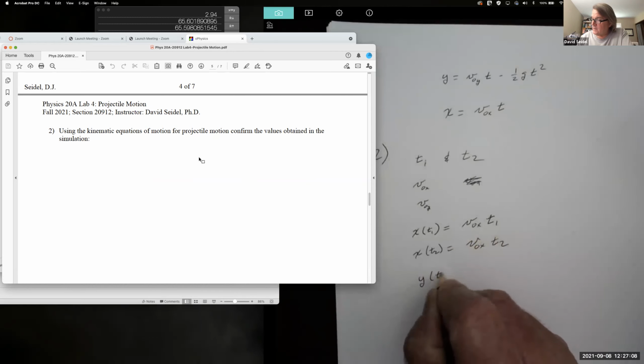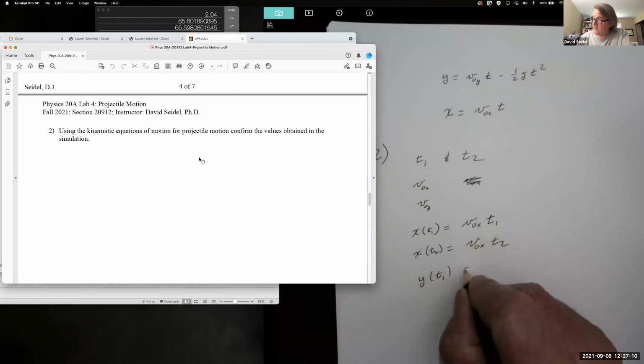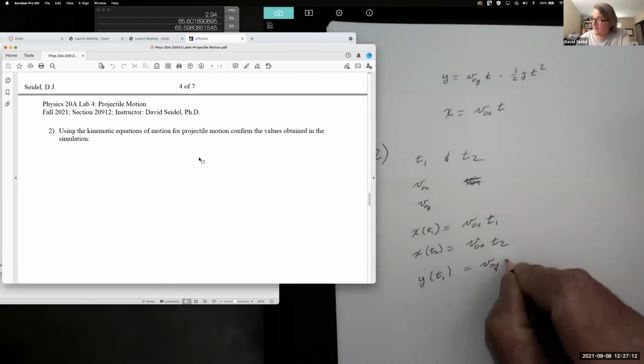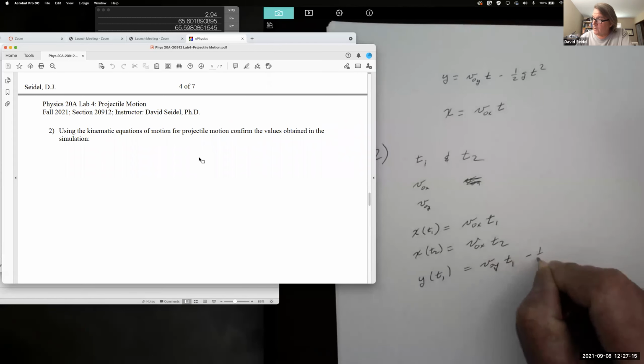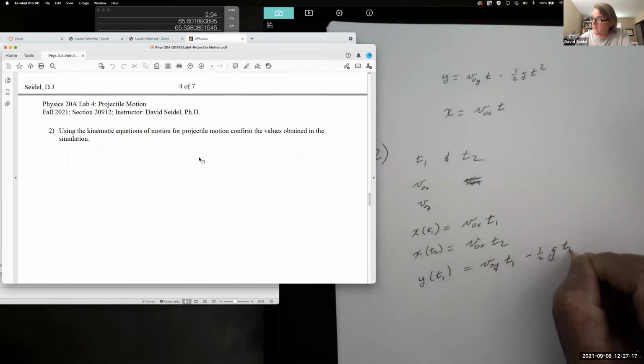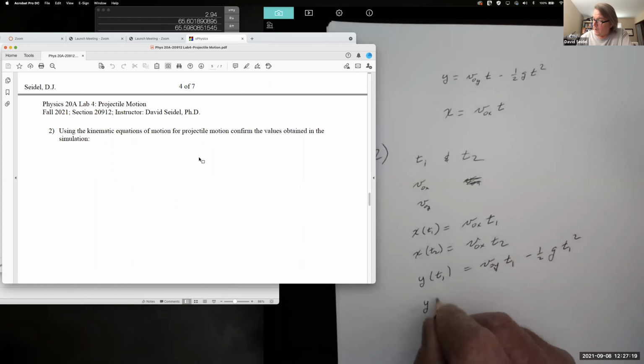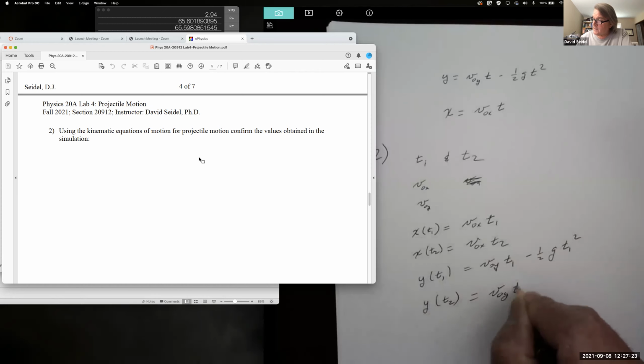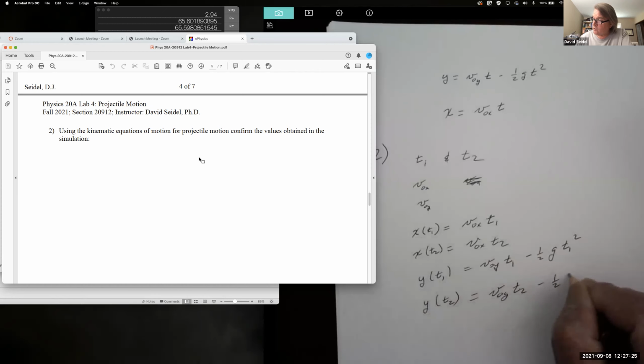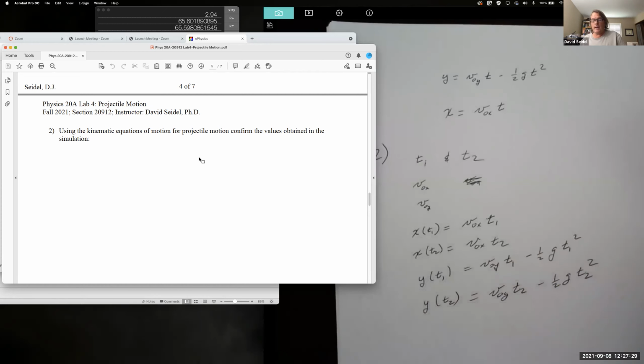Y of T1, Y0 is 0, is equal to V0Y T1 minus 1/2 G T1 squared. Y of T2 equal to V0Y T2 minus 1/2 G T2 squared. Okay?